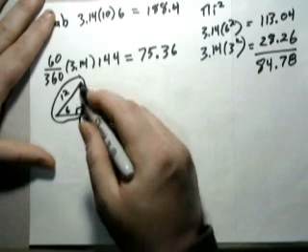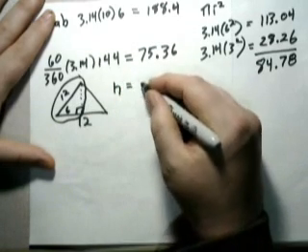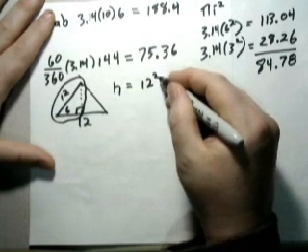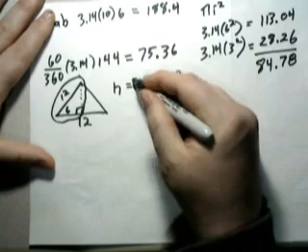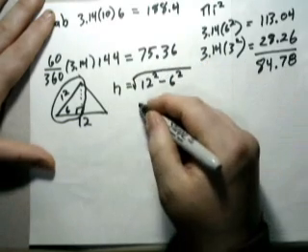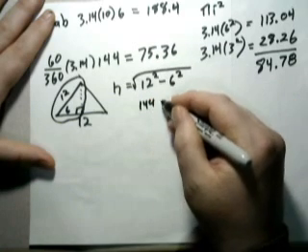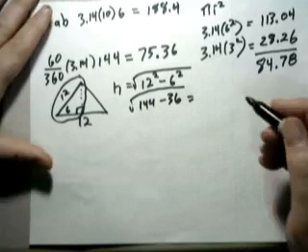So I use the Pythagorean theorem to find that height, and the height is equal to the square root of 12 squared minus 6 squared. Remember, 12 is the hypotenuse, 6 is one of the legs. So that is 144 minus 36, and then we want to take the square root of that.